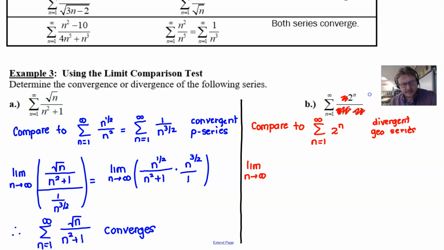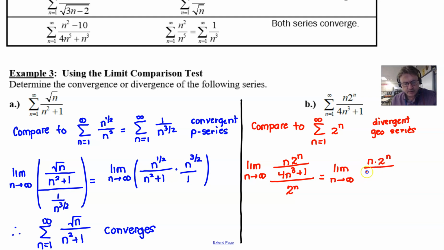So we take the limit, and I better cover these so I can get the correct expression here. So I'm taking my original nth term expression, I call that a sub n, and I'm going to divide that by my b sub n, which surprisingly was just 2 to the nth power. Well, let's go ahead and multiply by the reciprocal here. And we end up with n times 2 to the n over 4n cubed plus 1 times, flip and get 1 over 2 to the nth there.